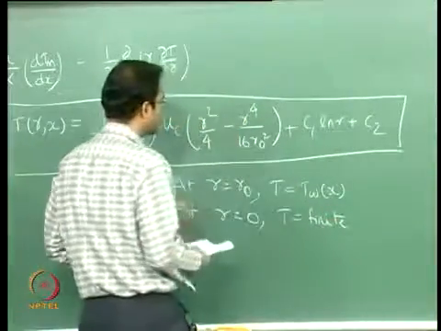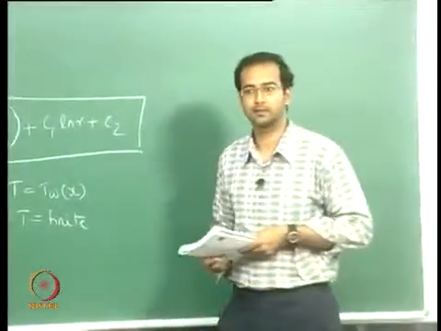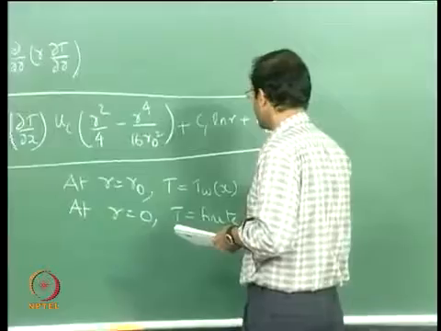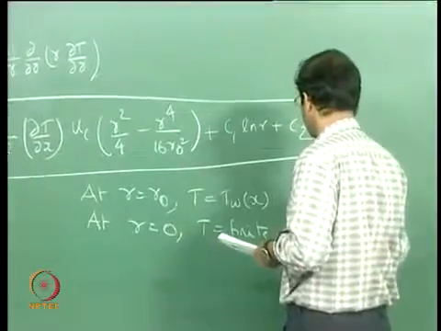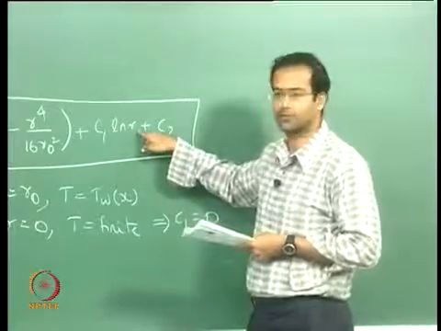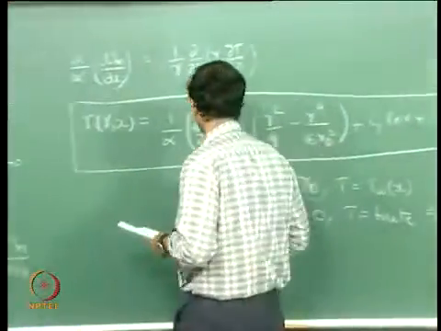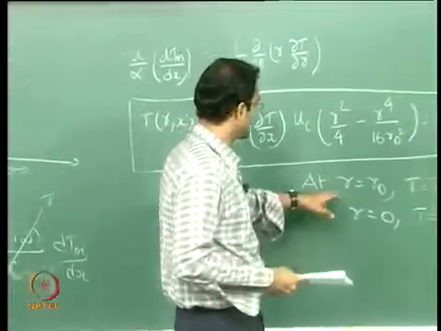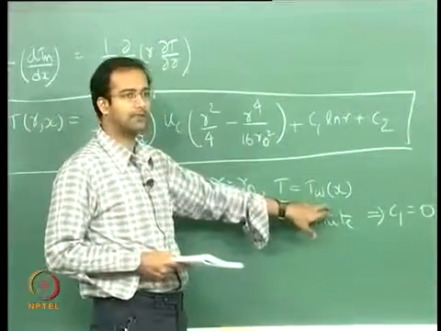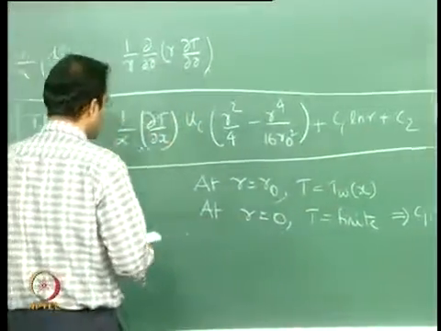Now if you look at this directly, similar to the velocity profile, for a finite temperature at the center, your C1 should directly be 0 because this term otherwise goes to infinity. Okay. So therefore we directly eliminated C1, so we can use the other boundary condition r equal to r naught, T is equal to T wall to calculate the second constant C2.